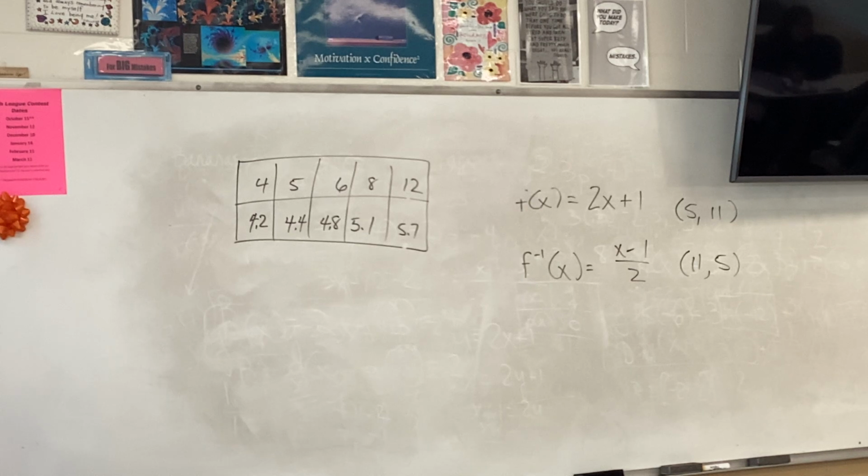L1 is above 1, comma, you have a comma button. And then L2, comma, and then go to your vars, your variable button. Choose Y vars, function, enter, and then press enter.